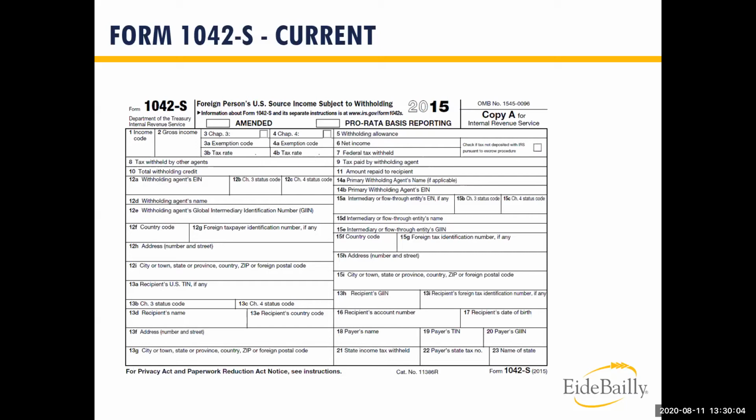It will also ask you to put in the income code, so you need to figure out what type of income it is, the gross income, and then if there is a treaty rate, you will see 3b asks for the tax rate. If it's something other than 30%, you would add that in there as well.